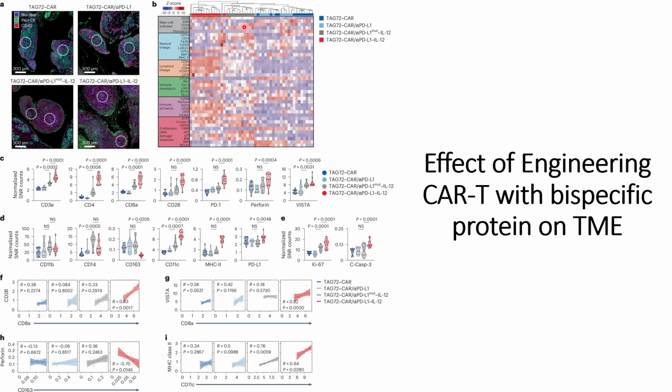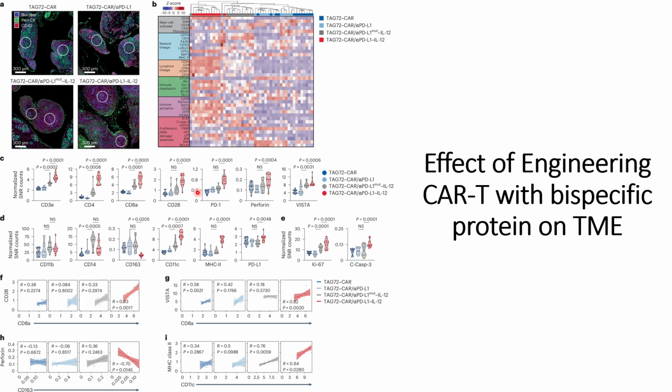Once they identified that the most prominent candidate of the CAR-T bispecific protein behaves differently than the other combinations, they wanted to check what changes they could see in the different kinds of immune cells. When they checked CD3, CD4, and CD8a, they saw that they are high in the case where they used CAR with anti-PD-L1 and interleukin 2.